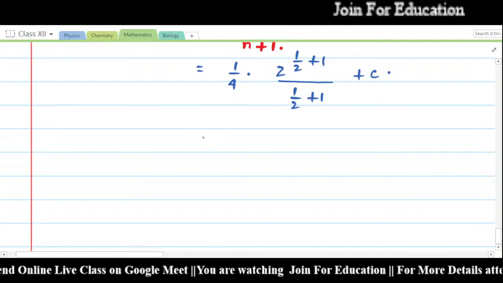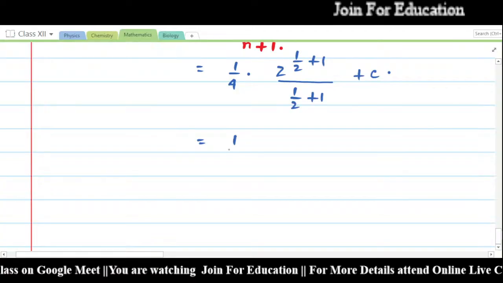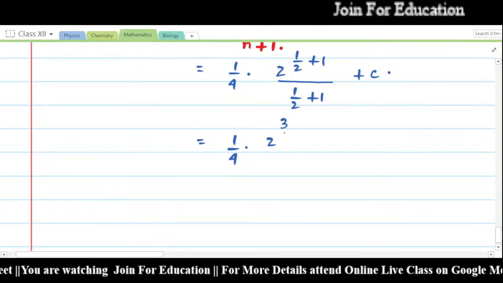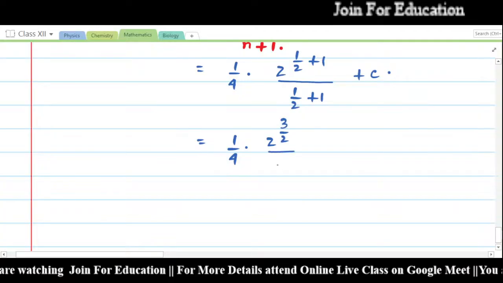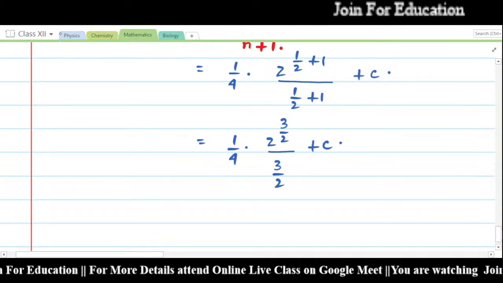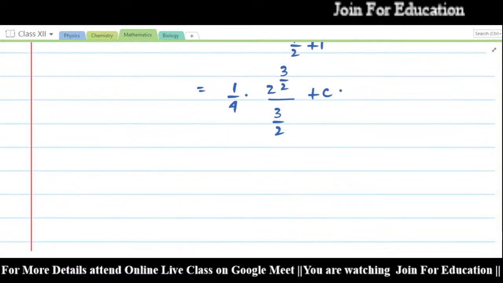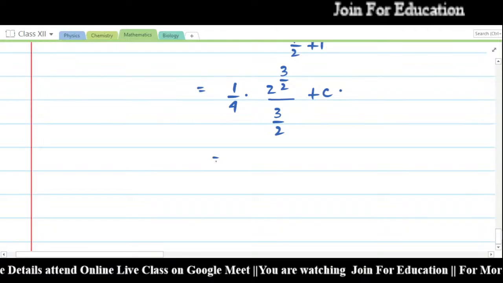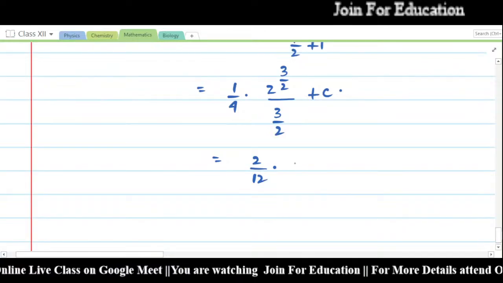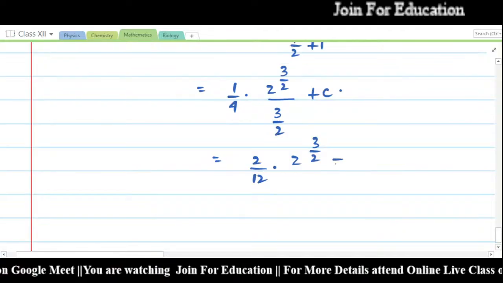So here it will be equal to 1 by 4 into z to the power 3 by 2 by 3 by 2 plus c. So the next step here will be 2 by 12 into z to the power 3 by 2 plus c.